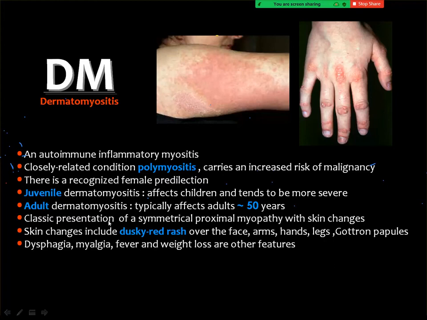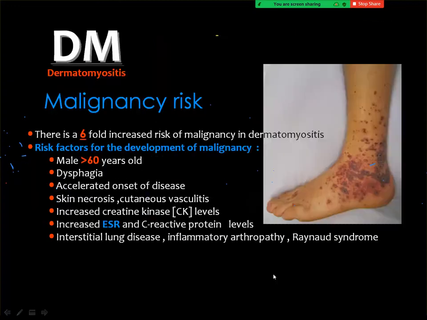There are classic presentations affecting the proximal muscles with skin changes, as you see here, dusky red rash over the face, arm, hand, leg, and also you may get dysphagia, myalgia, fever, and weight loss.